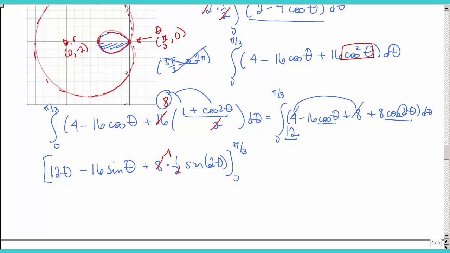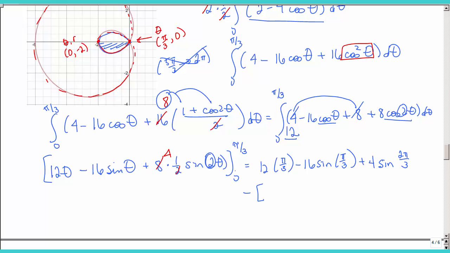So of course that's going to be 4. So we have 12 times pi over 3 minus 16 times the sine of pi over 3 plus 4 times the sine of 2 pi over 3. Remember, we're multiplying that angle times 2.